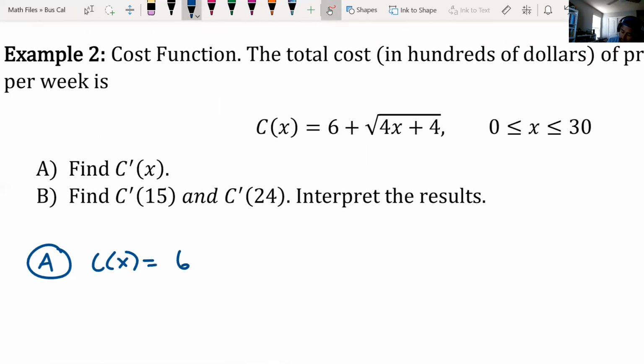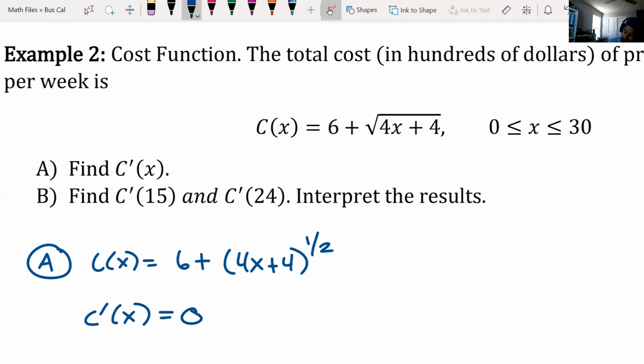C of x equals 6 plus, and we have to rewrite the square root, so this would be (4x plus 4) to the 1/2. We have to write it from radical to rational exponent. Now we take the derivative. The derivative of 6 is 0, plus, now we have to do the chain rule on (4x plus 4) to the 1/2.